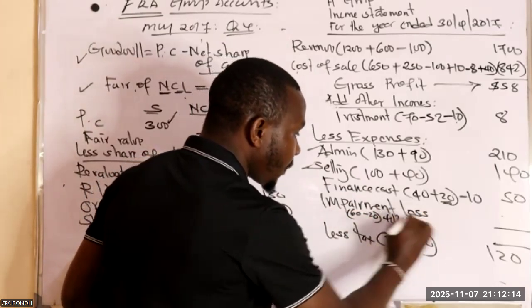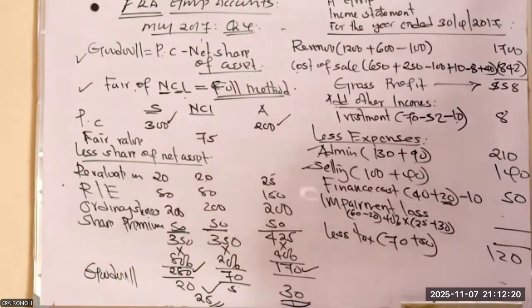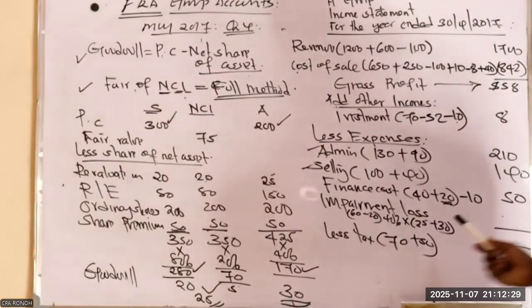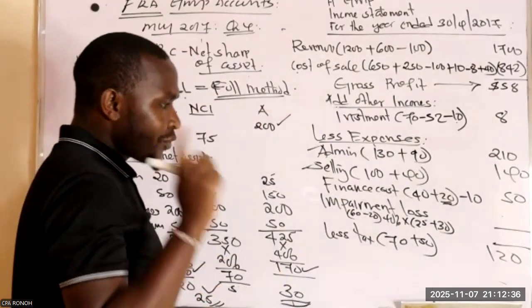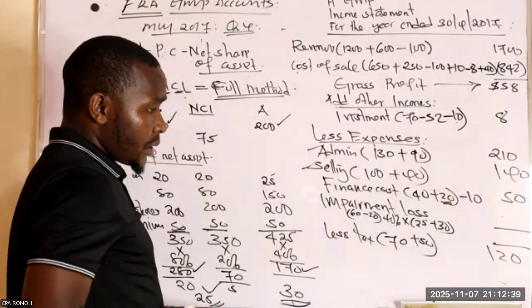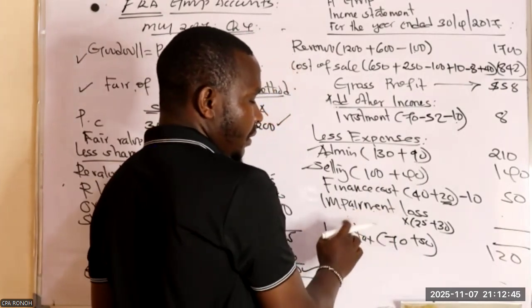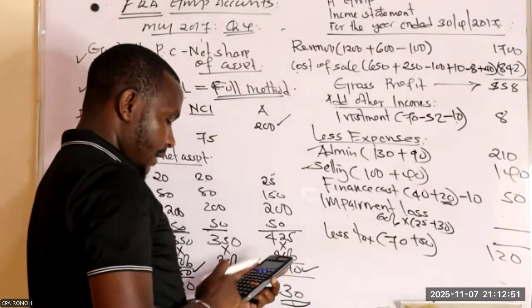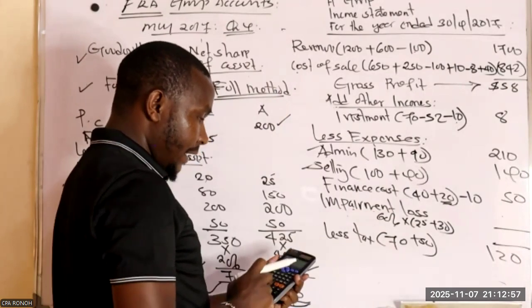So take 40% of the 25 plus 30, so 55. We only consider 20 because we are told only 20 relates to the current year. 60% of 55 is 33, but only 20 relates to the current year.